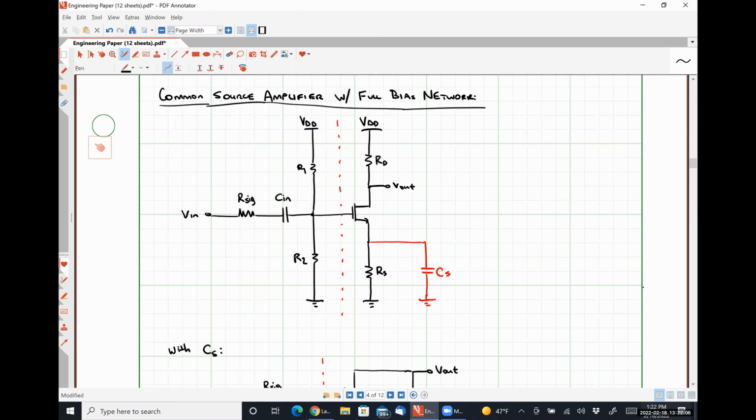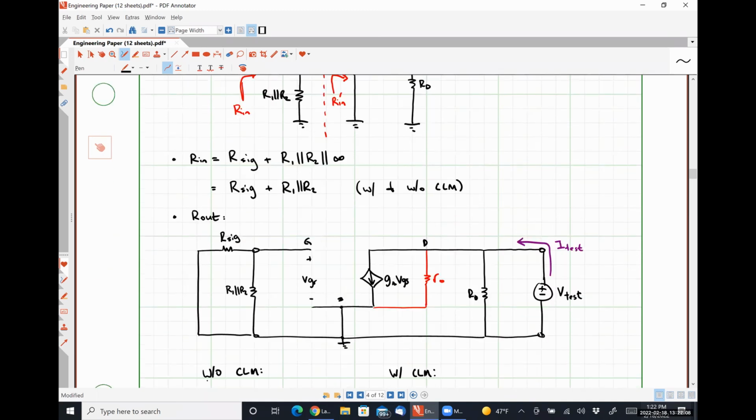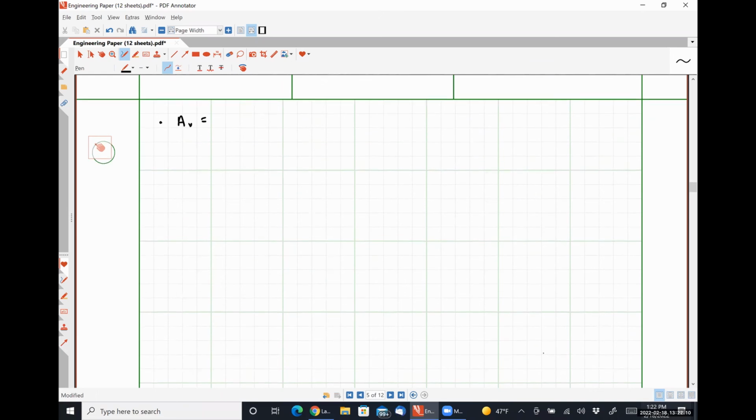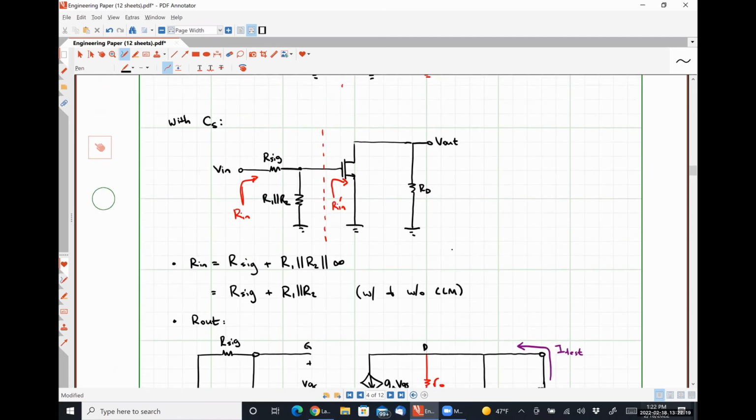Voltage gain. So I'm going to look at this circuit representation here again. Everything to the right of this dashed red line is an amplification stage.